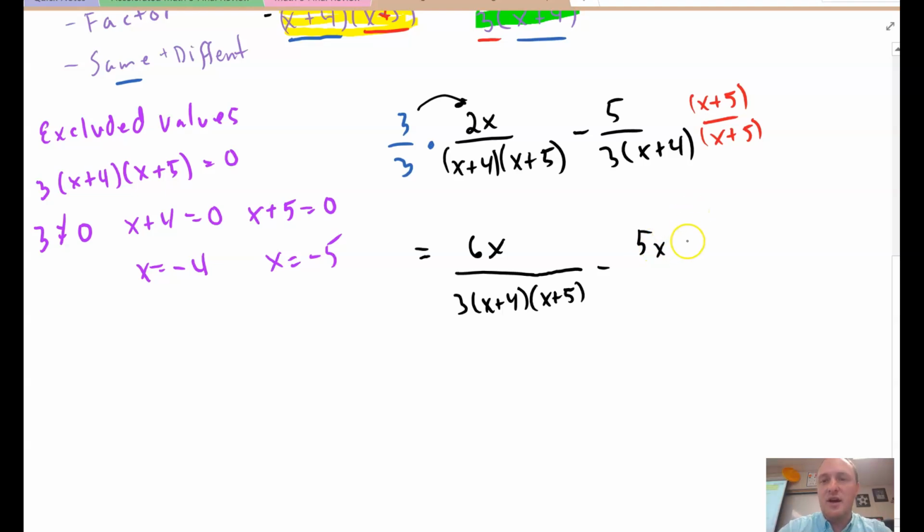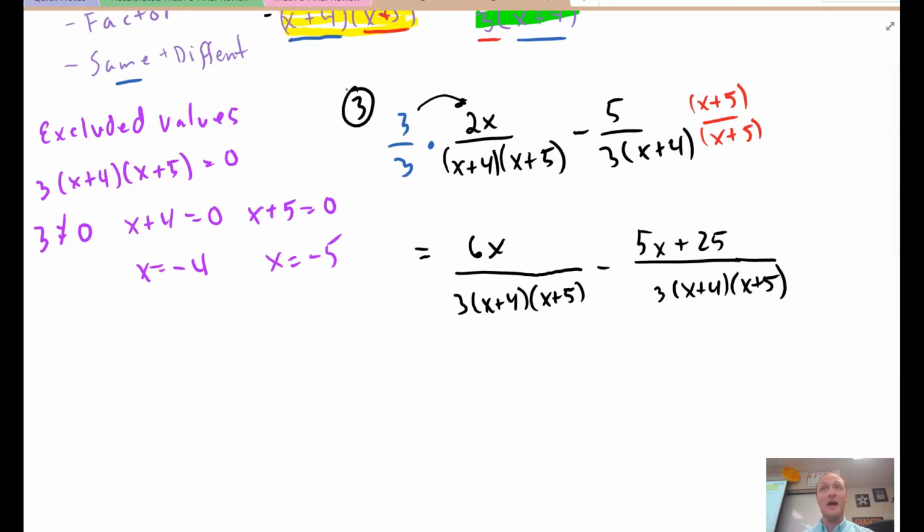And 5 times 5 is 25. I'll deal with that negative out in front in a second. So that's essentially step 3. I introduced those missing factors, and now look at the bottom. It's the same. I can add them together. This is easy, but watch out.